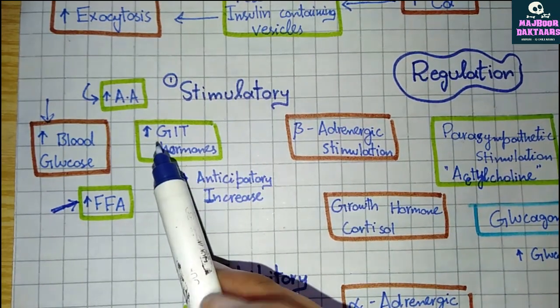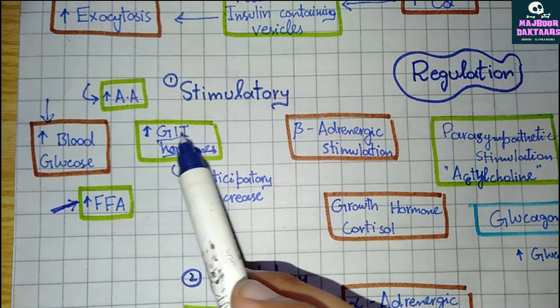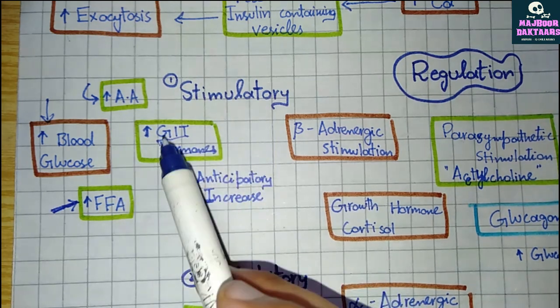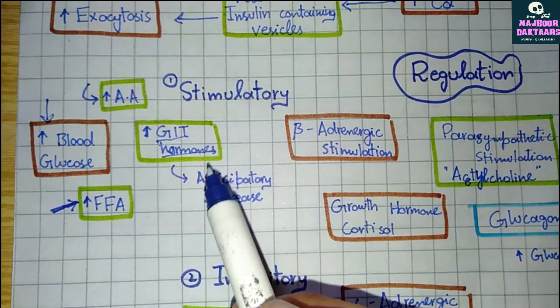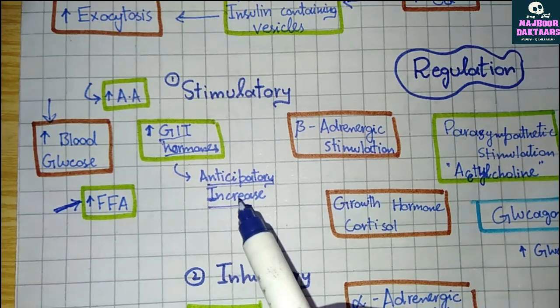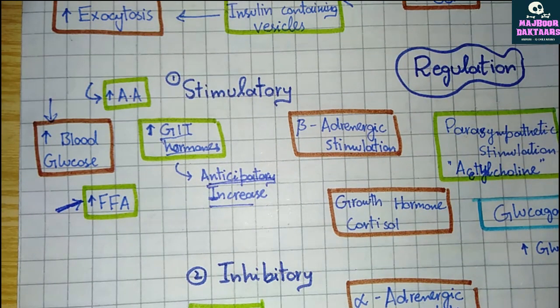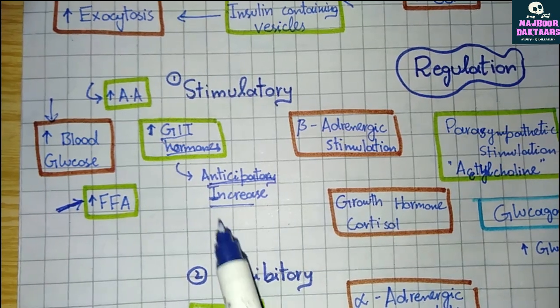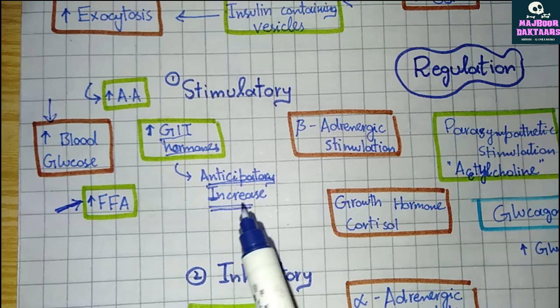Now another important factor is the gastrointestinal hormones, secretin and gastrin, whose concentration causes a positive impact on the insulin. These cause a positive impact on the insulin as an anticipatory increase, so that when we eat and our blood glucose level rises, there should be enough insulin to control the blood glucose level.